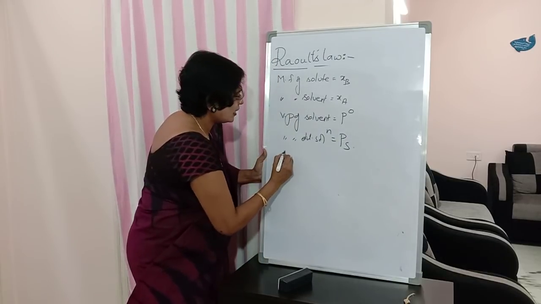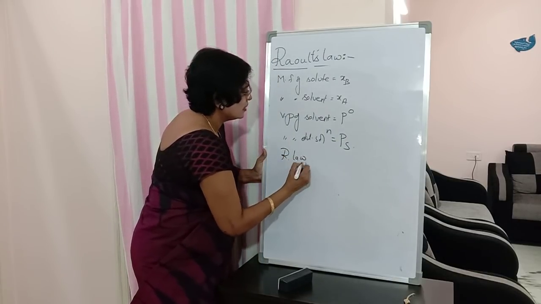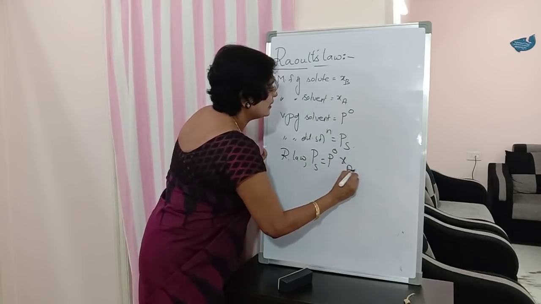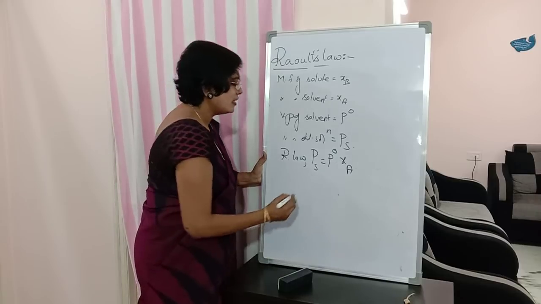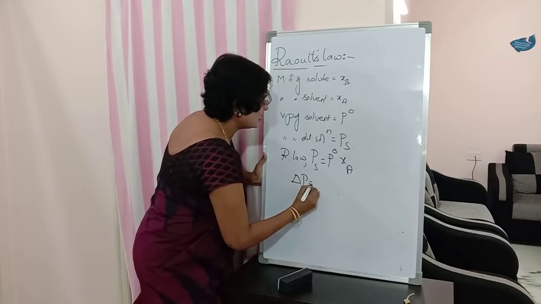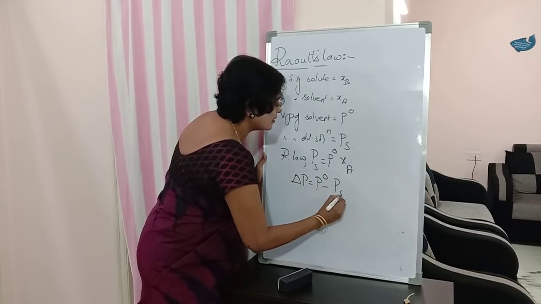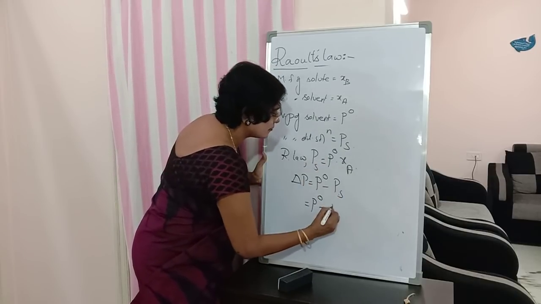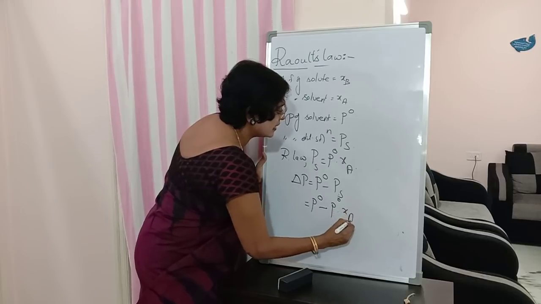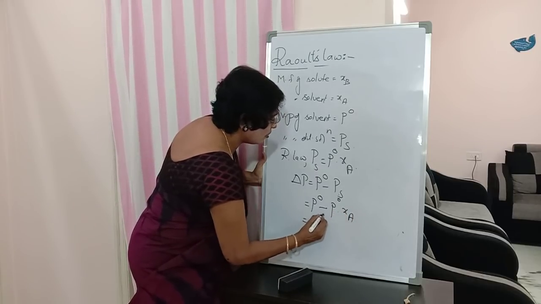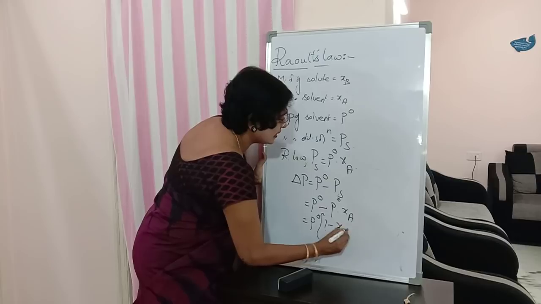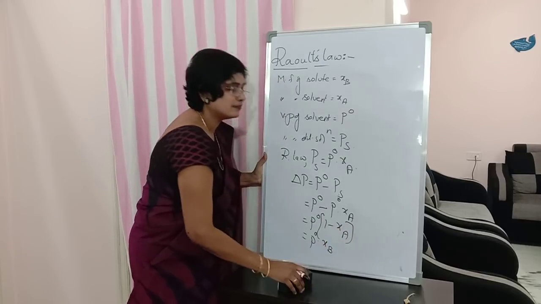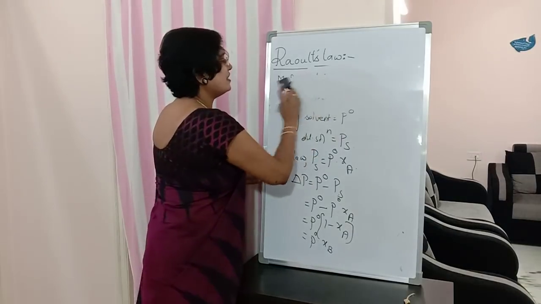Okay. So according to Raoult's law, Ps is equal to how much, students? P0 into XA. Okay. So, but we know delta P is equal to P0 minus Ps. So, it is equal to P0 minus P0 into XA. So, here we have taken P0 into 1 minus XA. It is equal to P0 into XB. Okay. So, a quick revision, students.